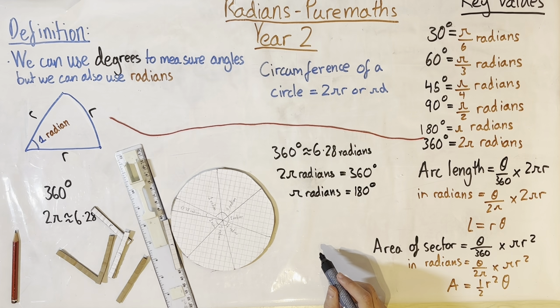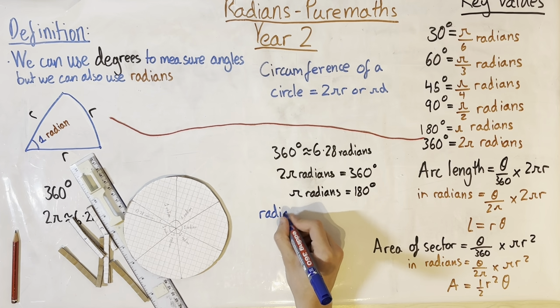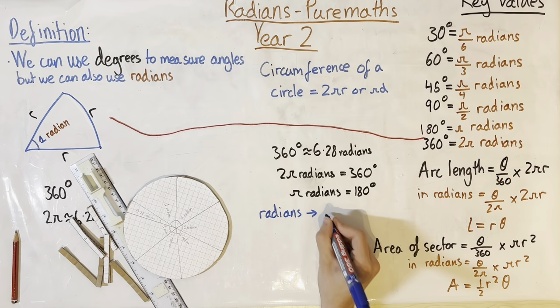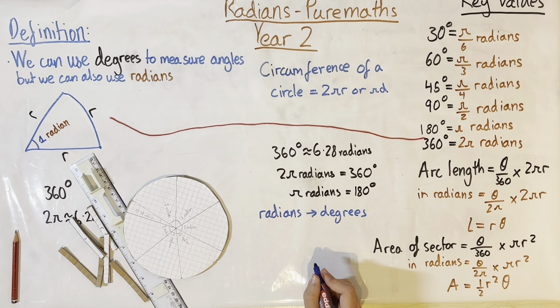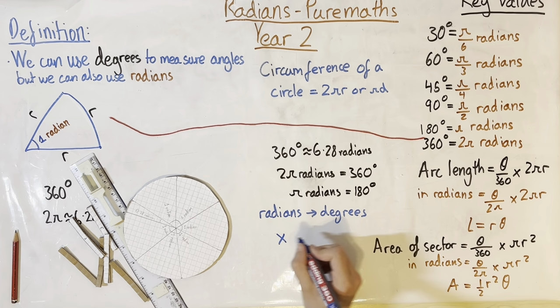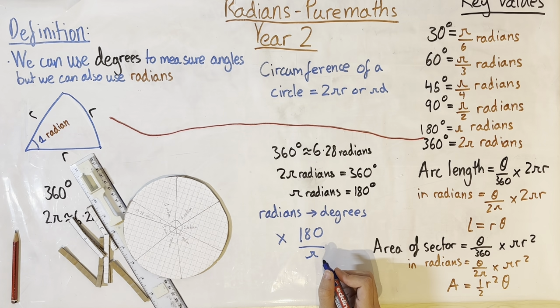And so from this we can then write, to get from radians to degrees, well, what do we do? We times by 180 over pi.